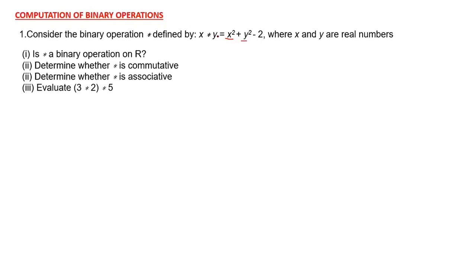Now, I know some of you are asking yourselves, in what situations, or how can a question look, for instance, if star was not going to be a binary operation on R? Try to look at this example here.